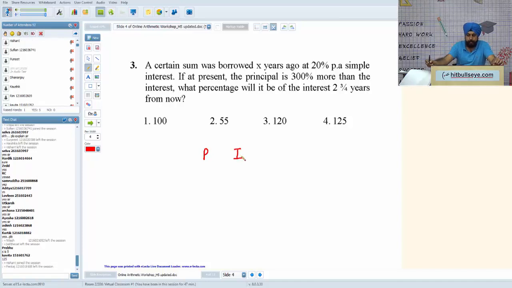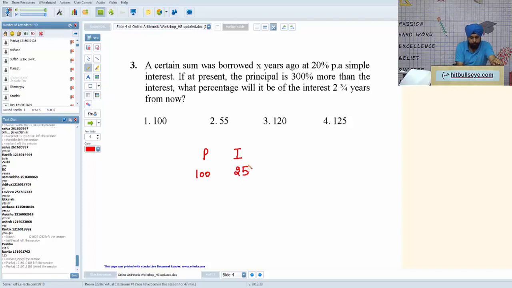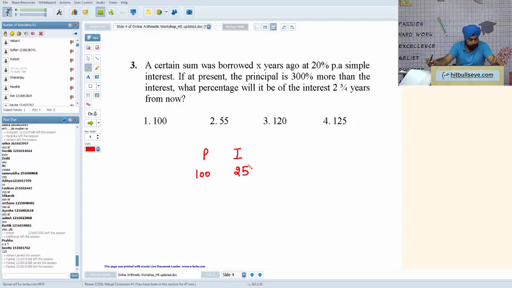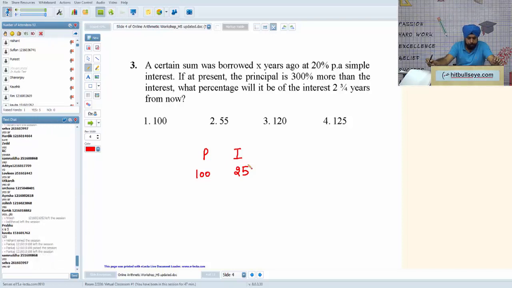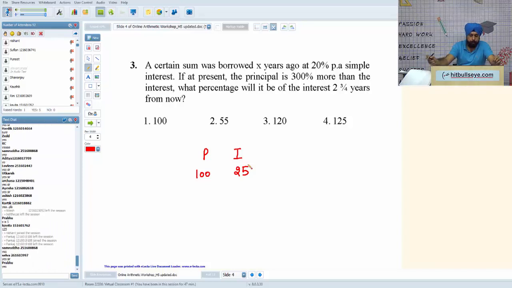We said that would mean it is 4 times. So if I take the principal to be 100, can I say interest comes out to be 25? You all agree to the same? 100 is 4 times 25. Now, what percentage will it be of the interest 2, 3 by 4 years from now?